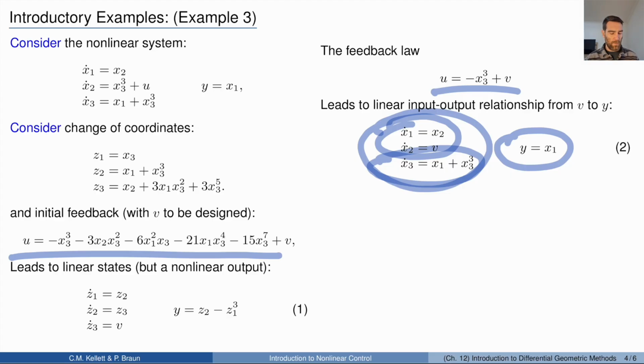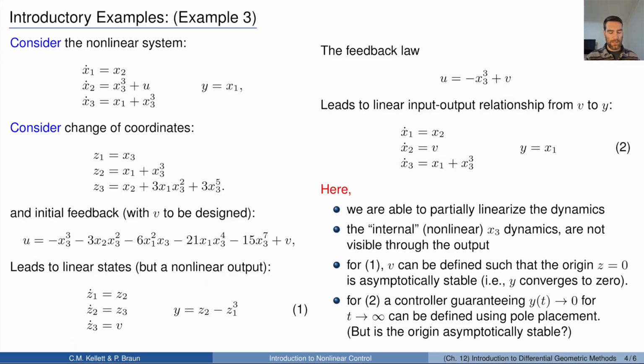So we have essentially a choice to ensure that either our system is linear, but we have a nonlinear output, or components of our system are linear, but not all the states are linear, but the output remains linear here.